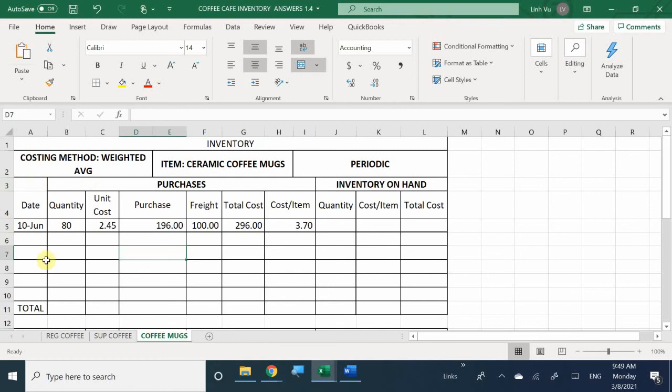So right now we have a total of 80 items costing $3.70 per cup when we sell them. Any questions so far? No questions. Okay, good.